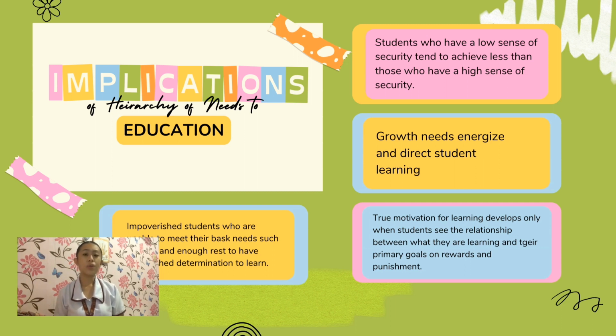Third, growth needs energize and direct student learning. And lastly, true motivation for learning develops only when students see the relationship between what they are learning and their primary goals, rather than rewards and punishments.